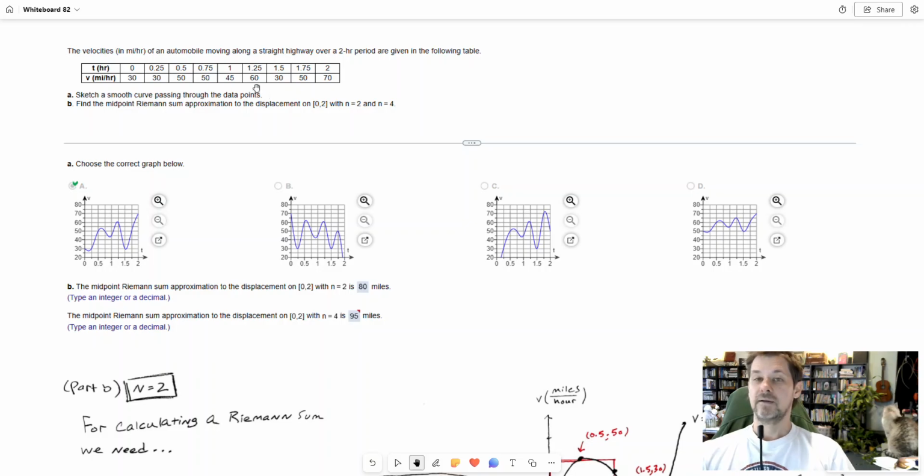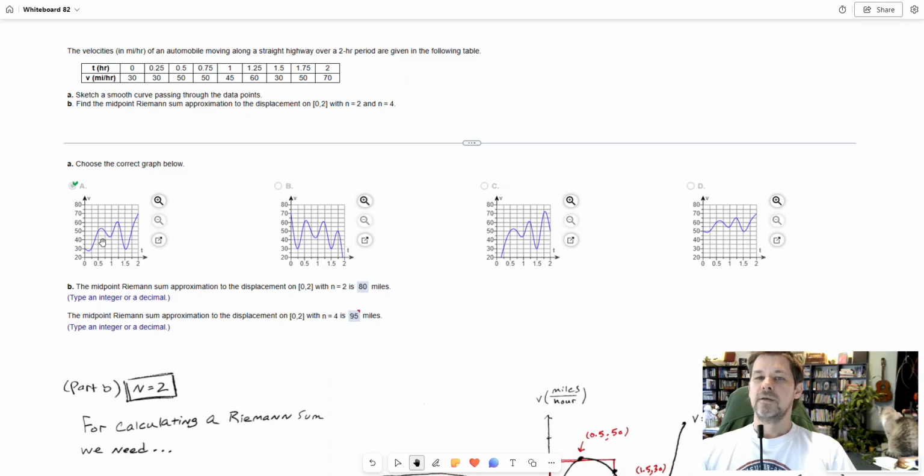I don't have that here. I can only tell you the velocity at times 0, 0.25, 0.5, and so on. So if you wanted to know how fast this object was moving at time 1.8, that's not on the table. Maybe I can make a reasonable interpolation from that, but it's at least not there. So I don't have total information about this.